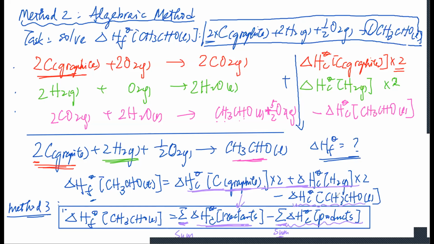It is formed from the reaction of silicon and hydrogen. The combustion of selenium gives silicon dioxide and water. The standard enthalpy changes of combustion of silicon and hydrogen are minus 911 and minus 286, respectively. Calculate the standard enthalpy change of formation of selenium.